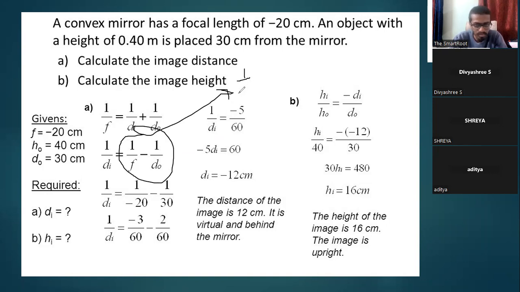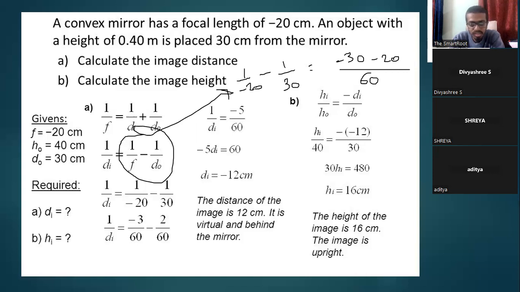You get 1/DI = 1/(-20) - 1/30. If I take the LCM of this and solve, 60 is the denominator, and in the numerator I will have minus 30 and minus 20.